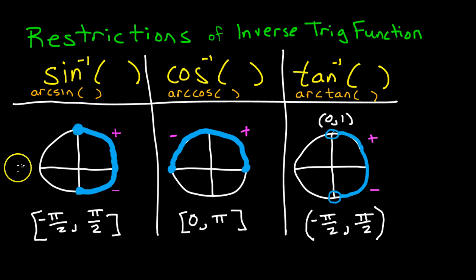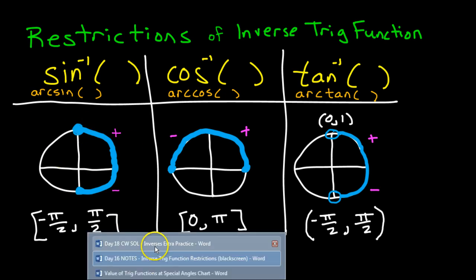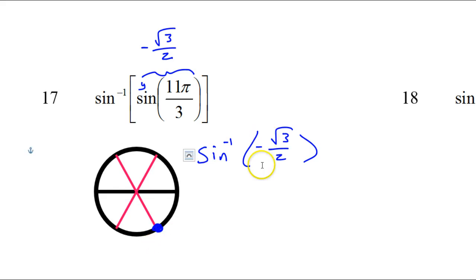I can't go all the way around doing loops and stuff. So what angle has a sine of positive radical 3 over 2? Well, I know that the sine of pi over 3 is positive radical 3 over 2. So that's my reference angle. I guess we already knew that, but that's my reference angle.